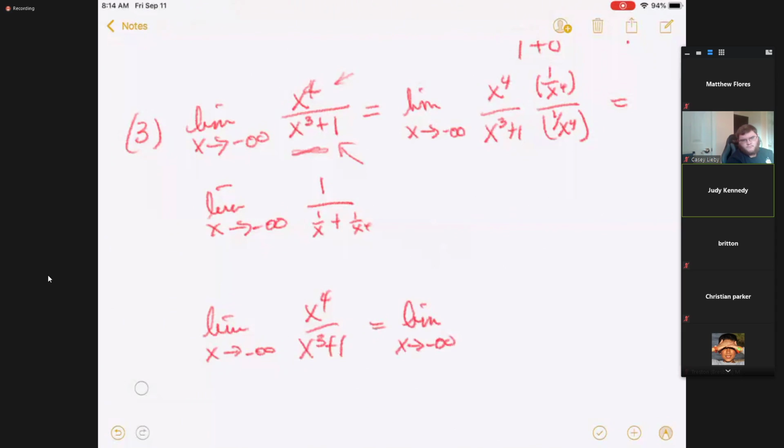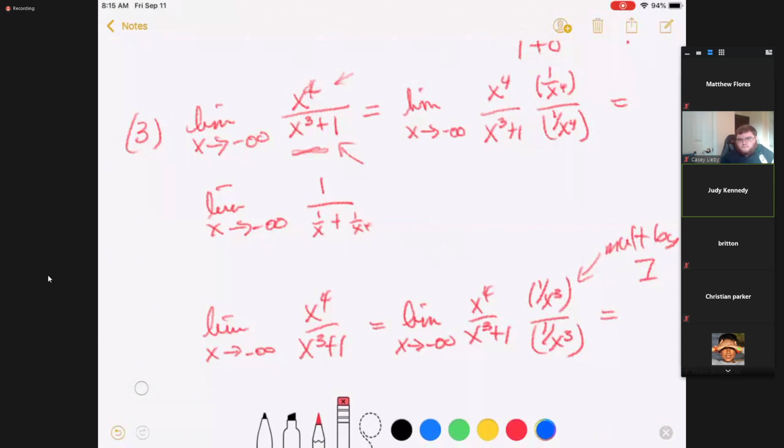Let's see if this would be better. I'm going to try 1 over x cubed. Maybe that's going to be more straightforward. I'm still multiplying by 1, so I'm not changing the problem. You're not allowed to change the problem. You are allowed to write it in different ways.